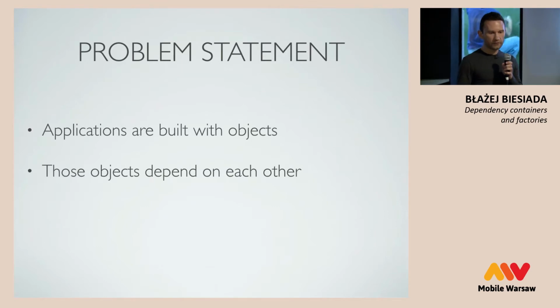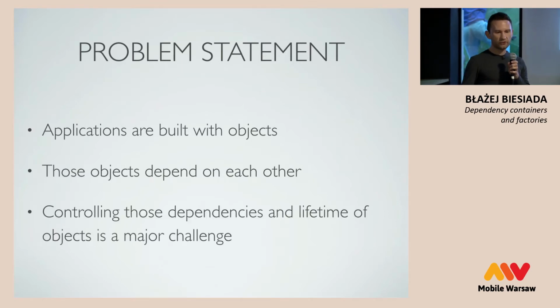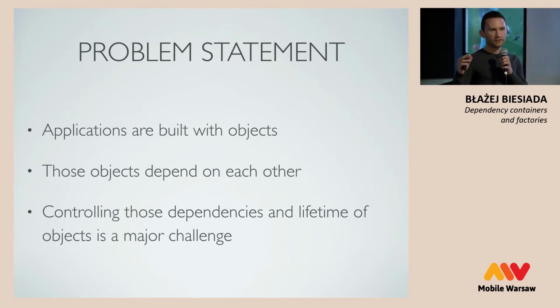This ultimately is a major challenge, because you need to control the dependencies of those objects and their lifetimes. If an object depends on another one, then the lifetime of those objects is also connected. So it is something that can be a bit challenging.